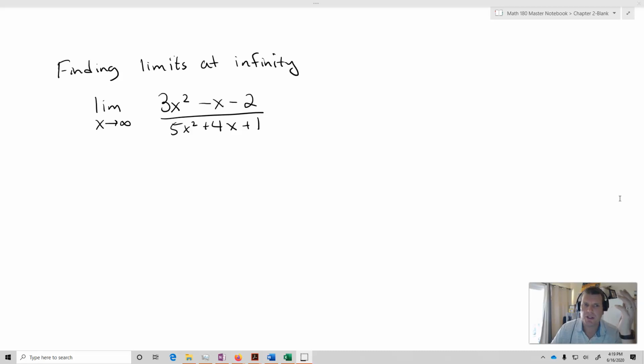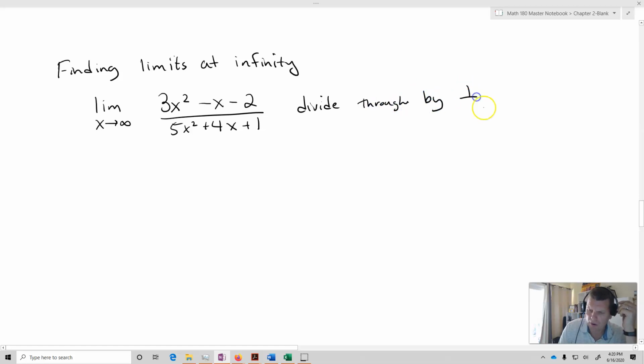So the limit as x approaches infinity of 3x squared minus x minus 2 over 5x squared plus 4x plus 1. All right, so we need to figure out what this is. A trick that we're going to use is to divide through by 1 over the largest power of x, either in the numerator or the denominator.